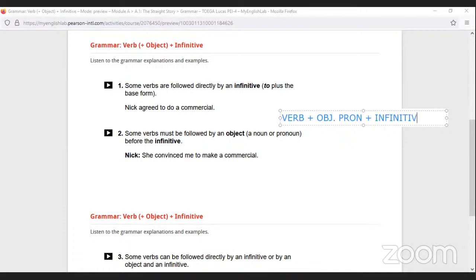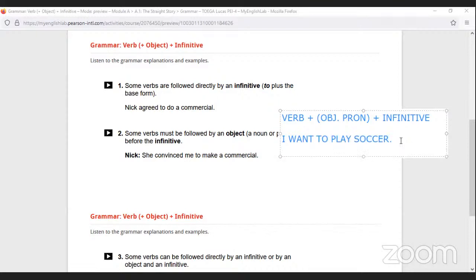When you want somebody else to do something for you, we're gonna use an object pronoun. If you're gonna do the activity alone, we don't need the object pronoun. So for example, if you say I want, so the verb want and directly the infinitive. I want to play soccer. So I am using only the verb and infinitive. This is when you want to do the activity alone.